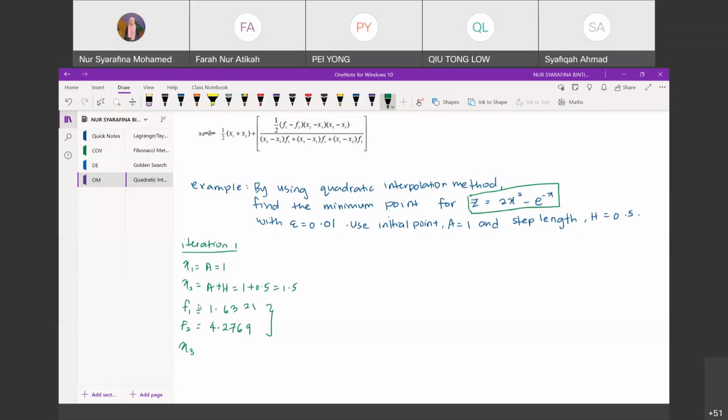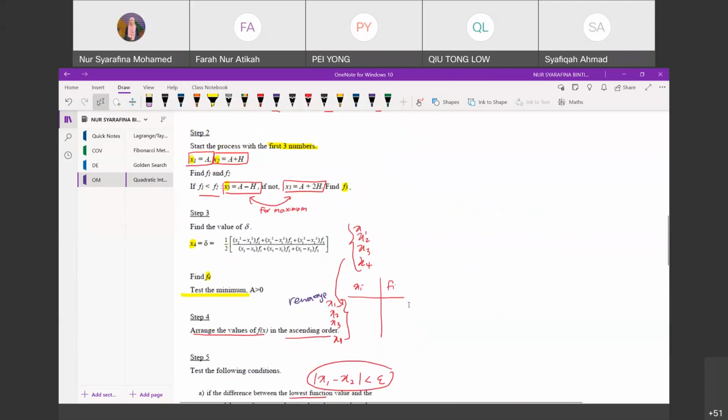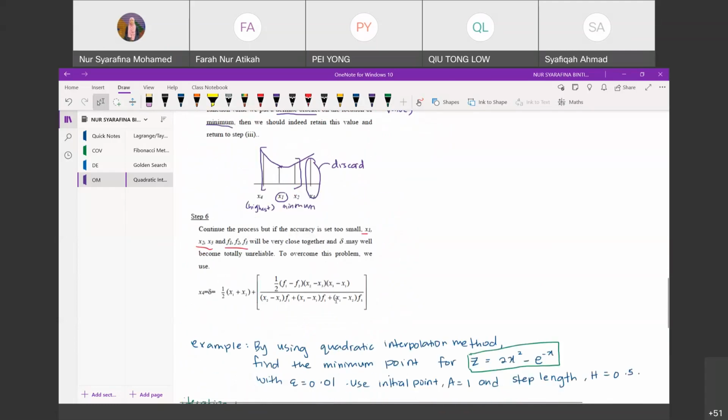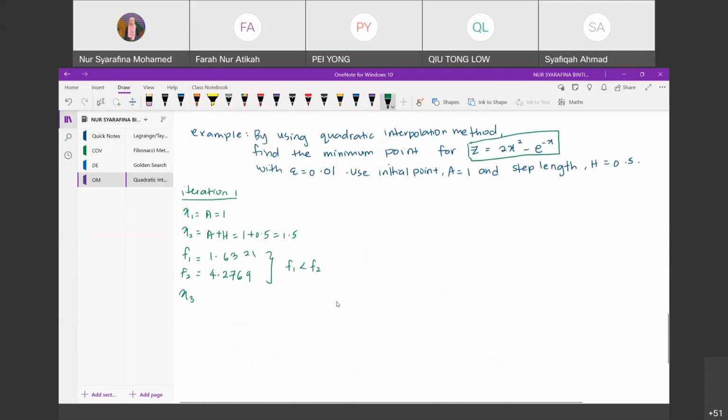So now you can see that f1 is less than f2, and then when f1 is less than f2, your x3 should be a minus h, which is 0.5. And then you can find your f3. What is your f3 there?